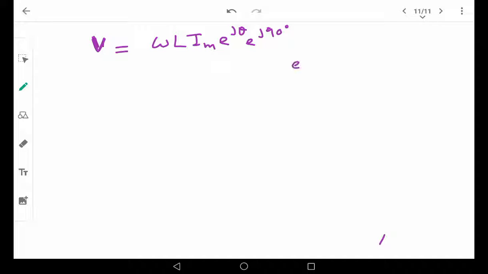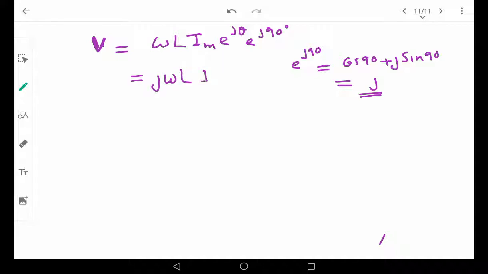Then you can simplify e raised to j 90 equal to cos 90 plus j sin 90, right? So sin 90 is 1, cos 90 is 0. So it will be j. If you substitute it here, you can write it as j omega L Im e raised to j theta.